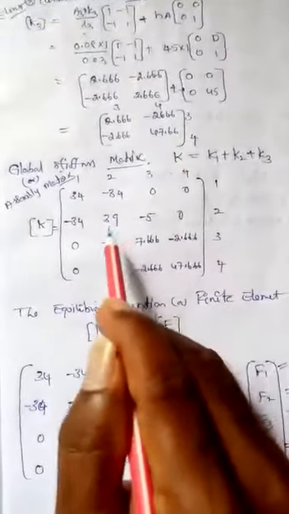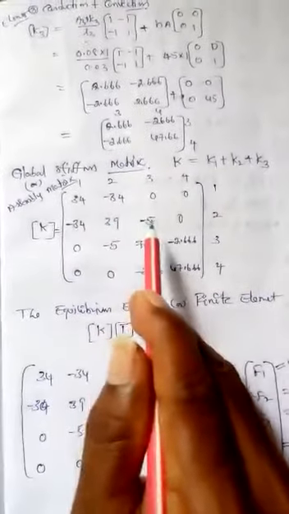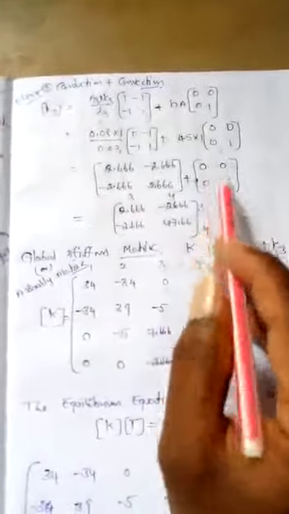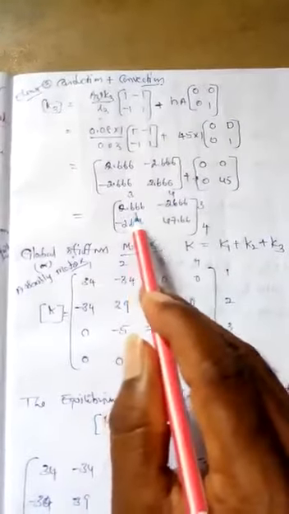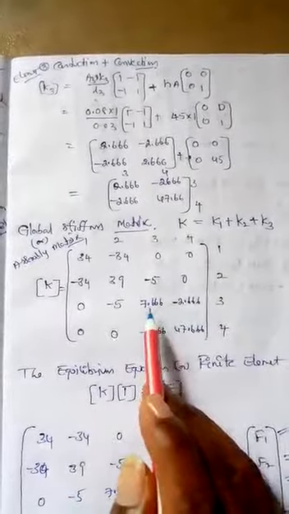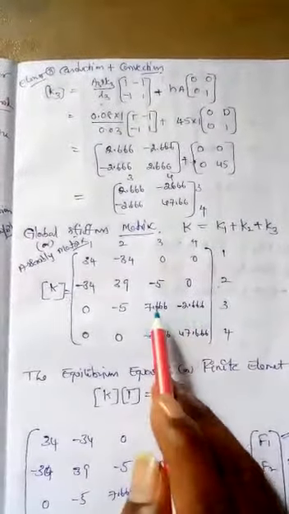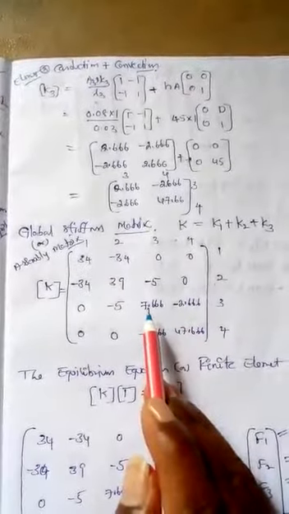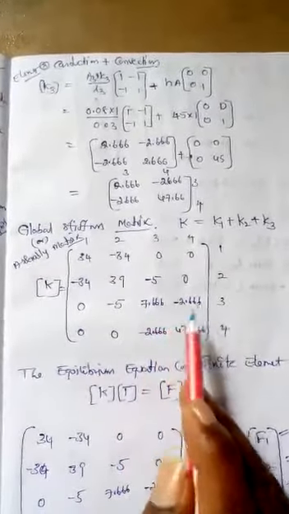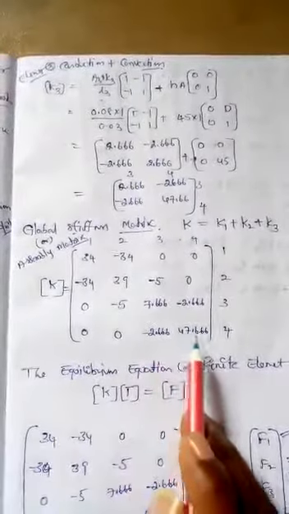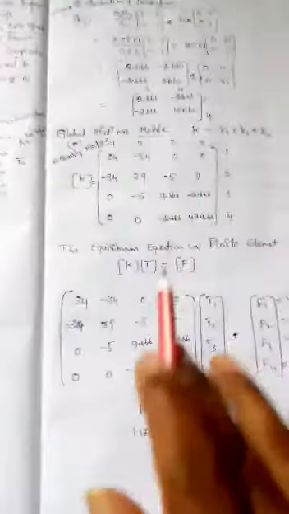Next row has minus 5, 5. The 5 from element 2 and 2.666 from element 3 are added. This is the final stiffness matrix, with 2.666 minus 2.666 minus 2.666 47.666.